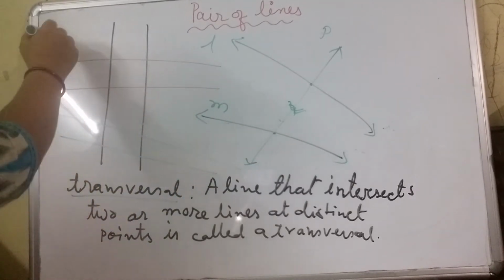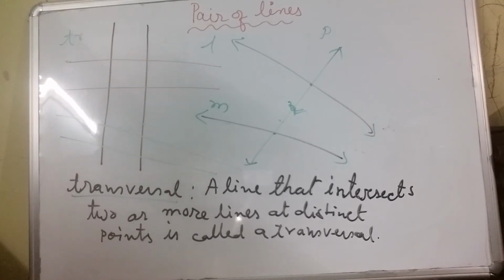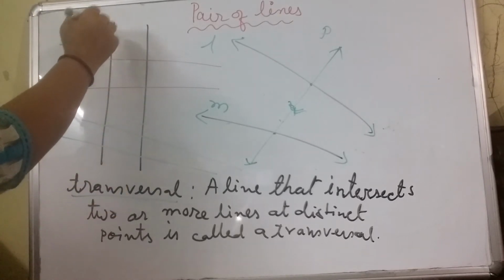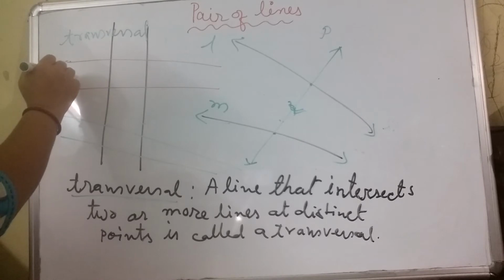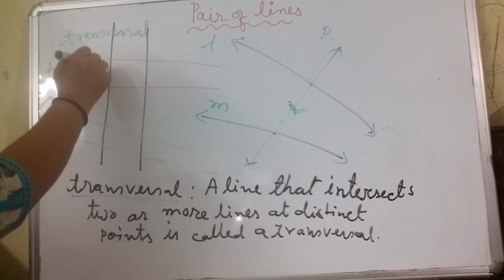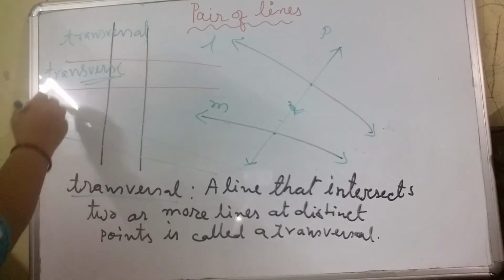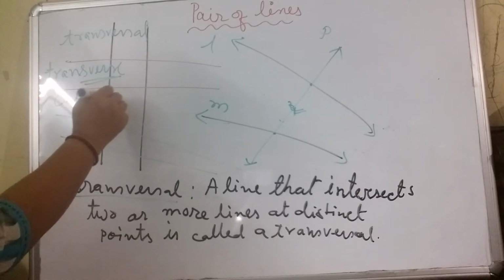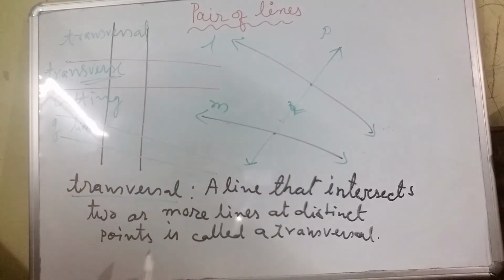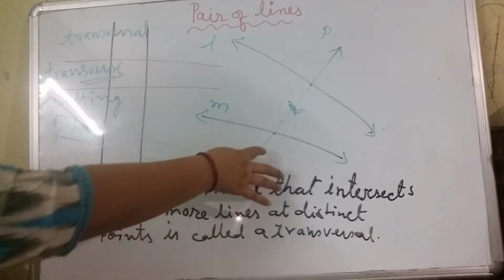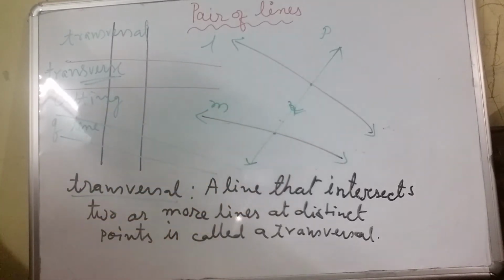Now that word transversal has come from transverse, which means cutting off lines. That means this line is cutting these 2 lines. So that word, transverse, means cutting off lines, and from that it has got this name. Okay. So line P is a transversal. Okay.